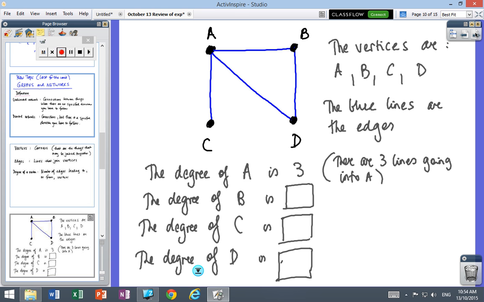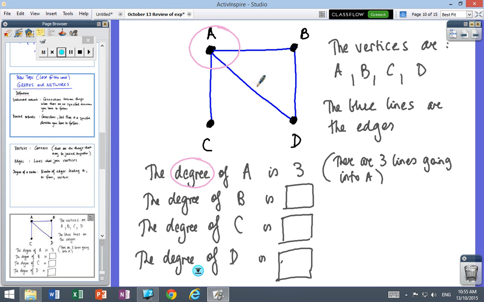Alright? So, the only part that's hard is this thing called degree. Now, I know you use the word degree in university and in the hospitality area when you're cooking things, but in this aspect, you look at the vertex and how many edges go into that point.